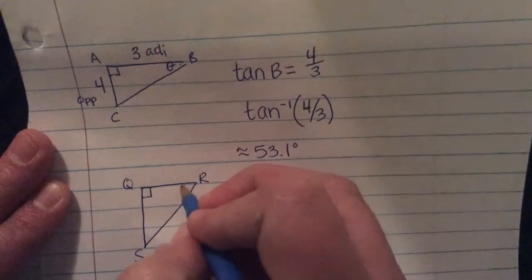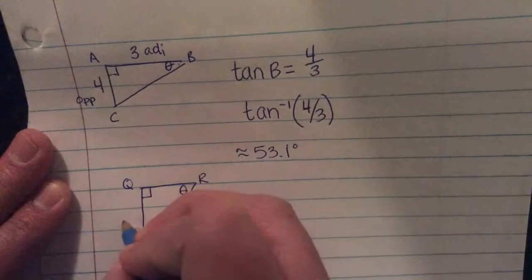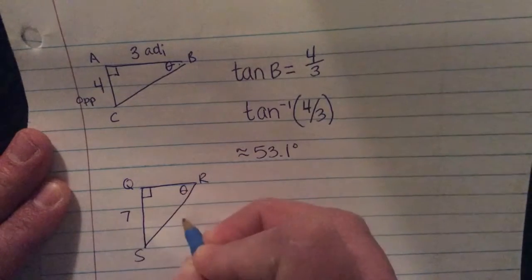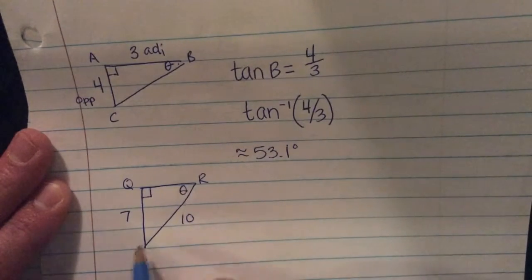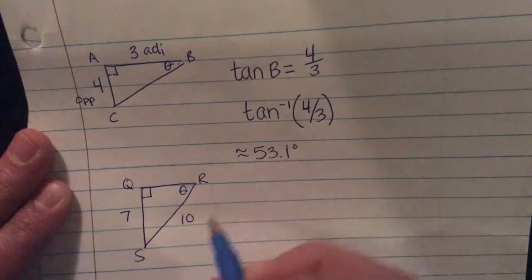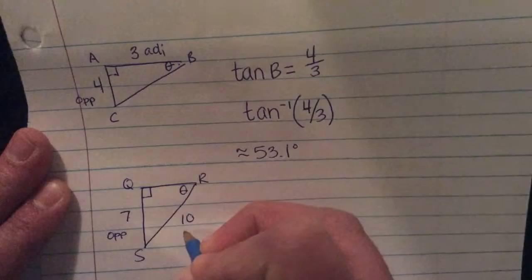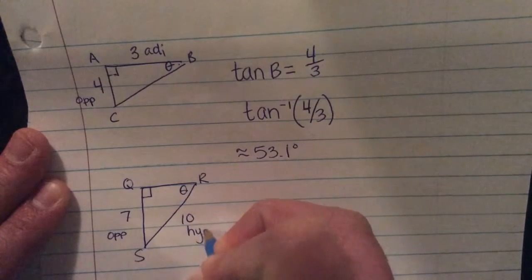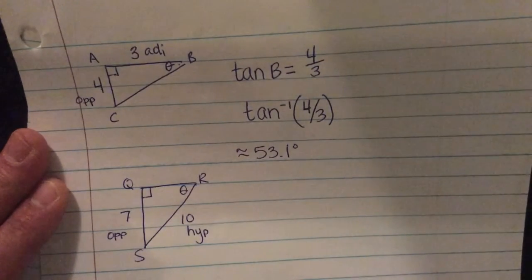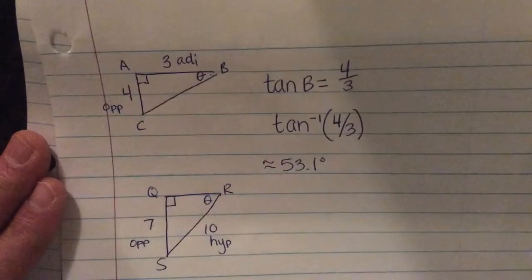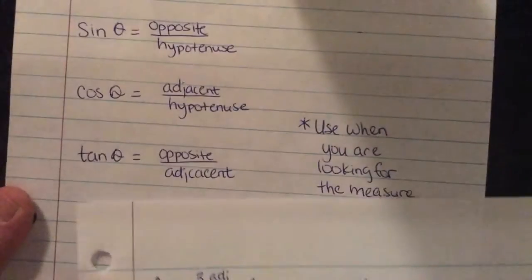Let's take a peek at another problem here. In this problem, let's look for angle R, except let's say that we're given this side right here is 7 and this side is 10. Well, compared to R, 7 is our opposite and 10 is our hypotenuse. So again, we have to look backwards on our other sheet to find out which one is opposite and hypotenuse.